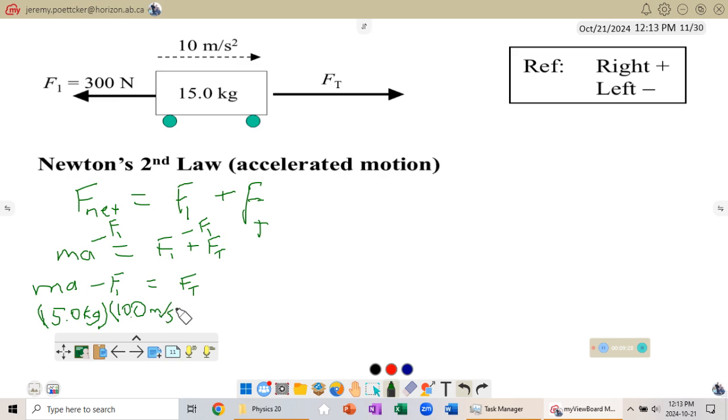I know my diagram doesn't show that it's 10.0, but really it is. Minus F1. Now F1 is 300 to the left, so that's going to be minus negative 300, and that's going to be equal to Ft.